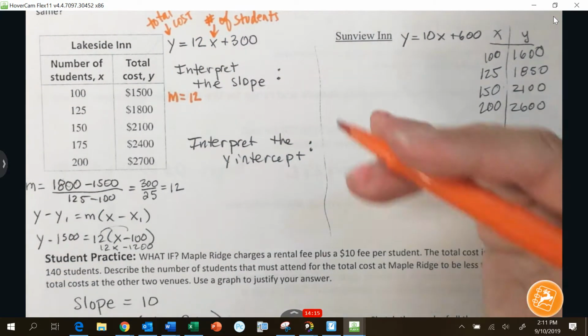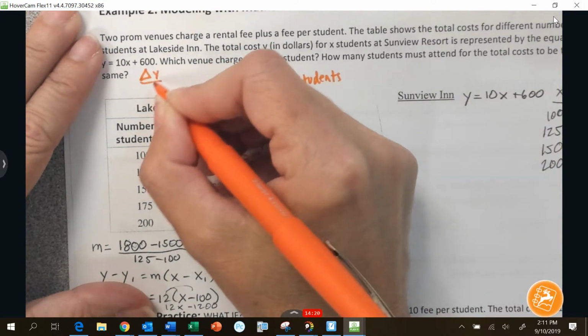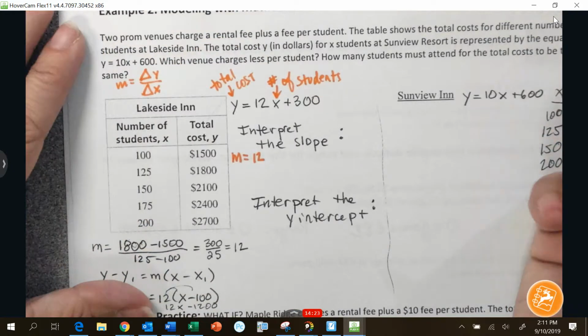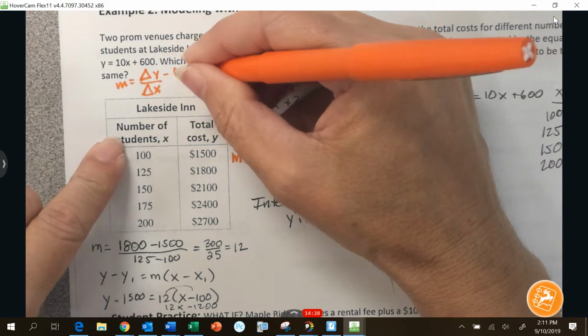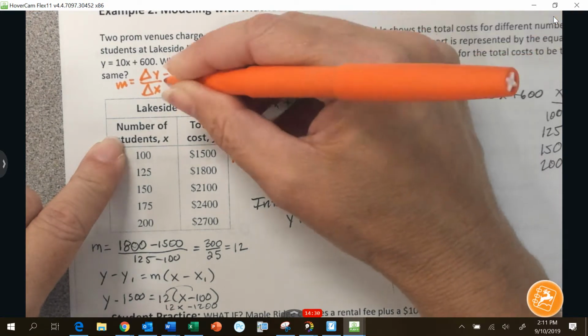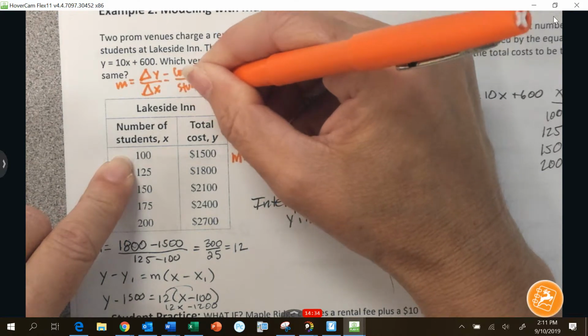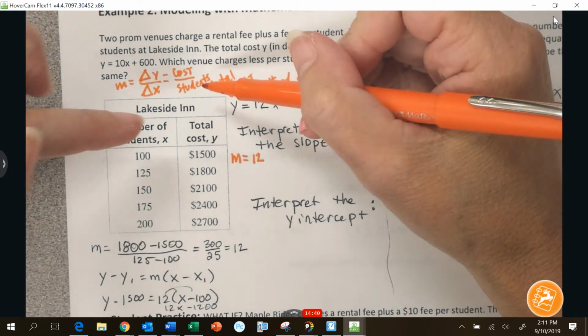Remember, our slope is the change in y over the change in x, and our y value has to do with cost, and our x values have to do with number of students. So when you interpret, you write something about cost per student.